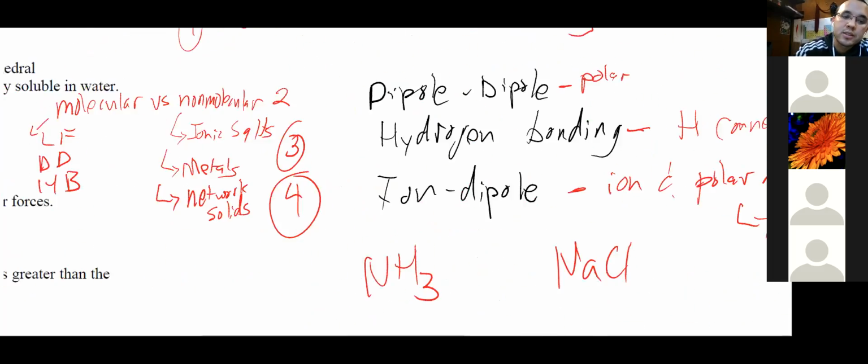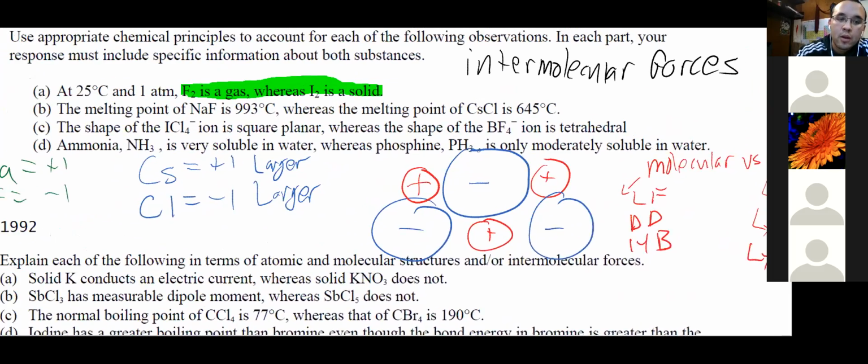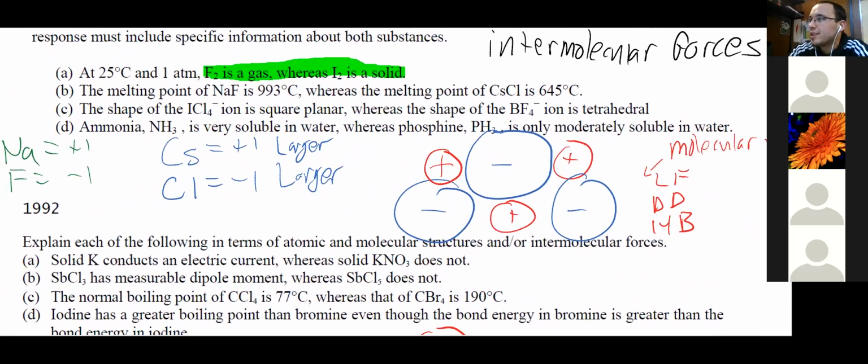So when we look at this, who has a higher melting point, our sodium and our fluorine, or our cesium and our chlorine? The cesium chloride is going to be weaker than our sodium fluoride. So lower melting point, is that stronger forces or weaker forces?